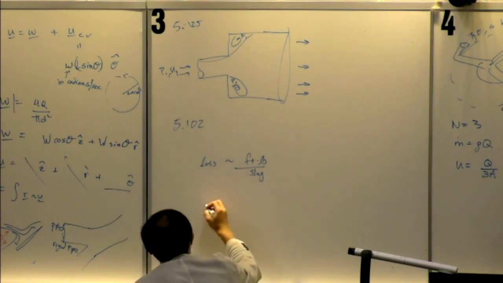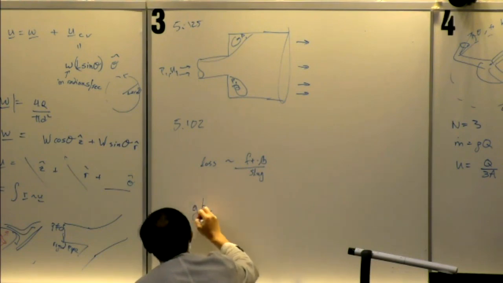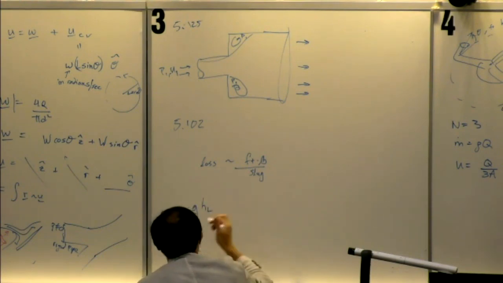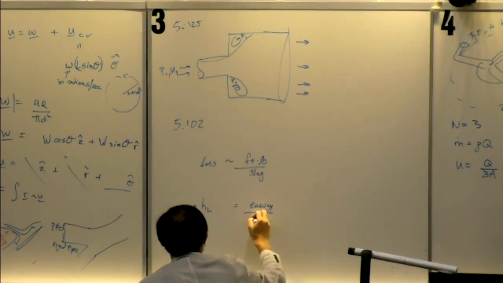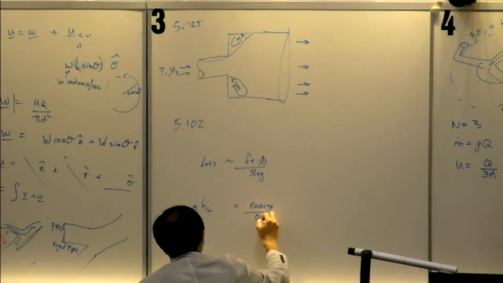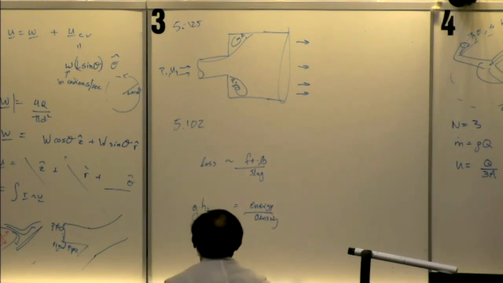So the loss is generally h sub l, and they're calculating g h sub l, and that is basically energy per density. Because h sub l is just the height, right? The length times area.